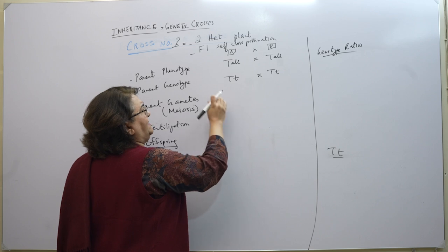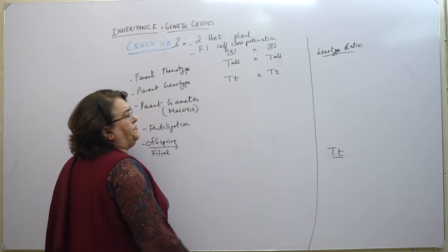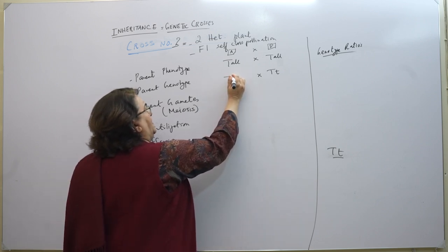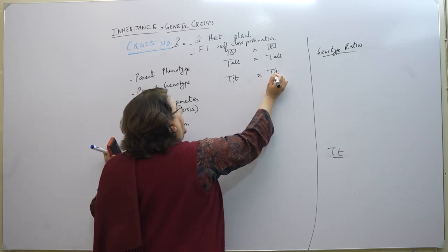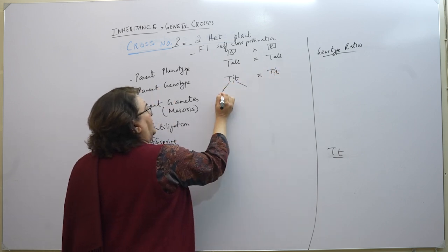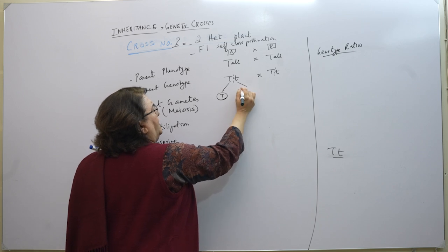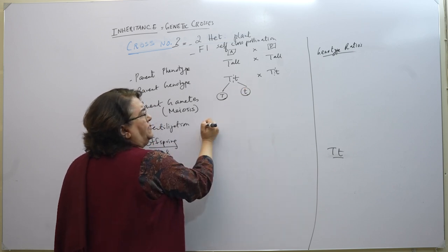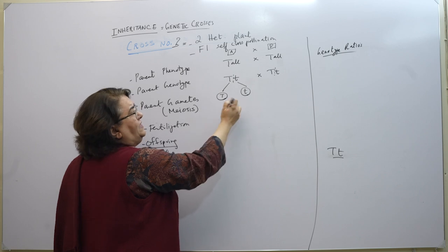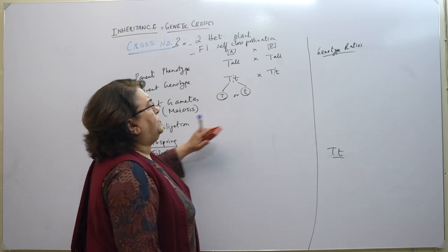Now the gametes. This time it is going to be different. Why? Because when we separate them out after meiosis, each allele will go into one gamete, so they will be either capital T or small t.